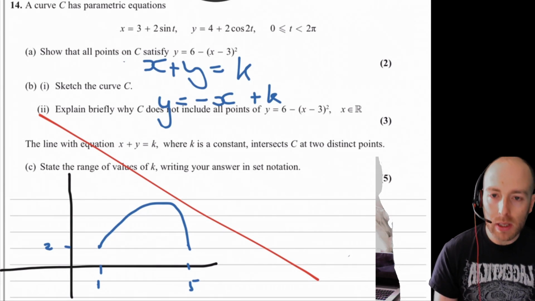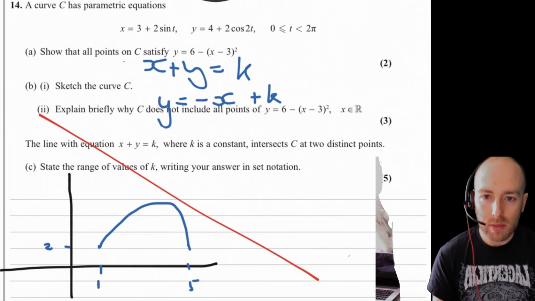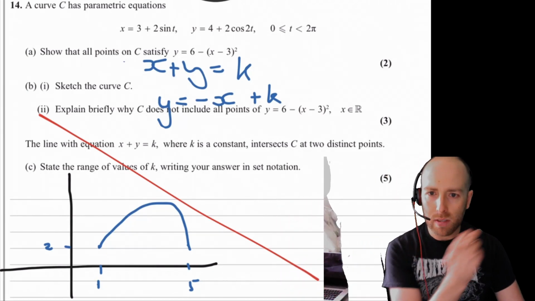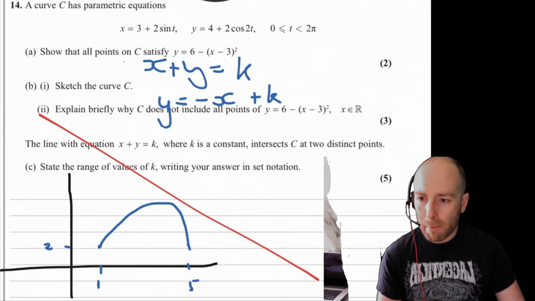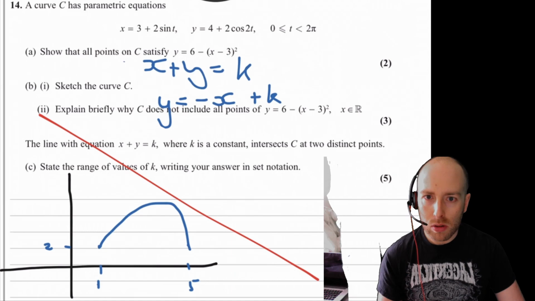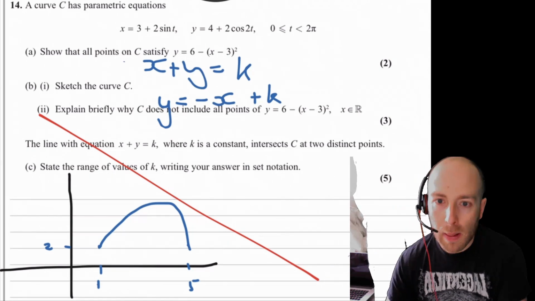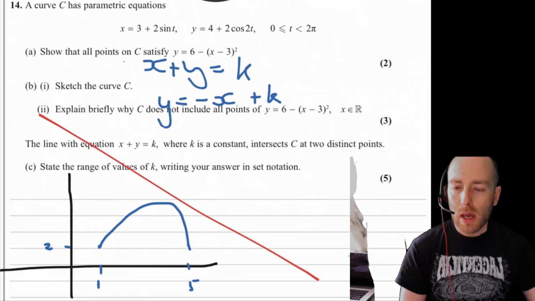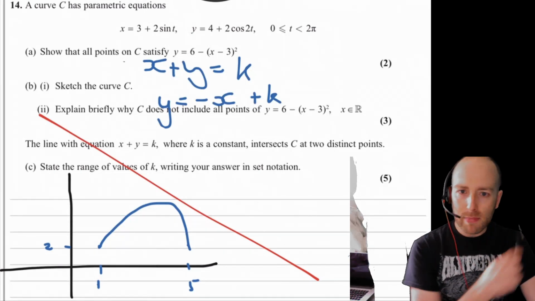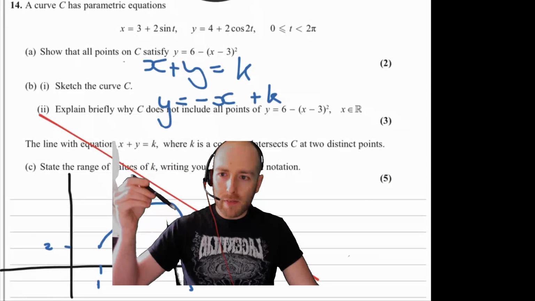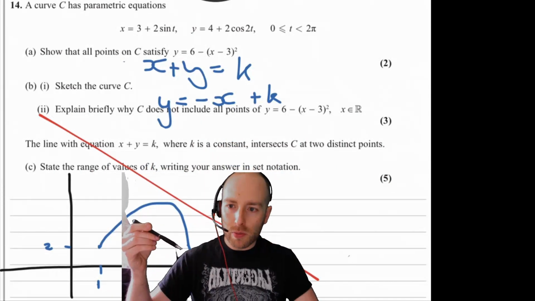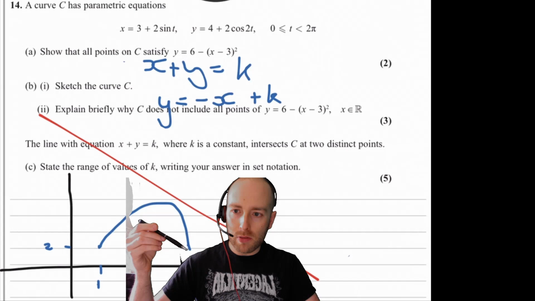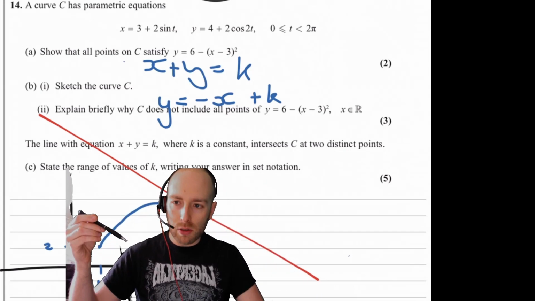Right, so if the curve, got all this stuff over here now, that's annoying. Get rid of that. There we go. Okay, if this line is going to go through twice, this is the last point it needs to go through. If it goes any lower, it's only going to go through once.